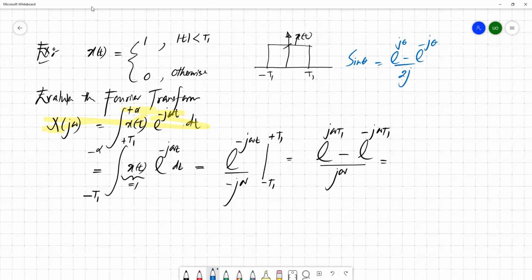So we can apply this here. We have to make this argument inside, so we have to put 2 here, and then this becomes 2 over ω.